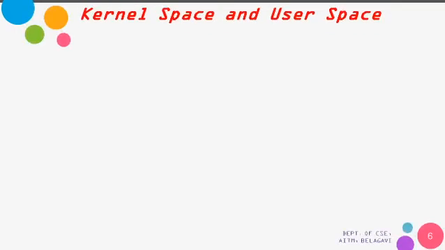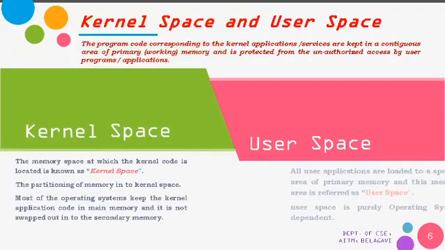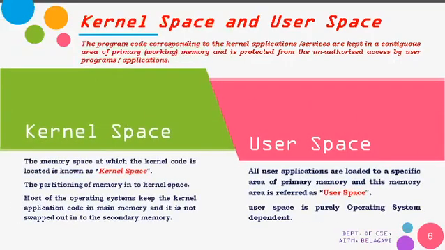Now going to the kernel space and user space, we'll see what the kernel space and user space are. So usually the program code corresponding to the kernel applications or services is kept in an area of primary memory, and it is protected from unauthorized access by user programs or applications here. So this program code corresponding to the kernel application or services needs to be protected here.